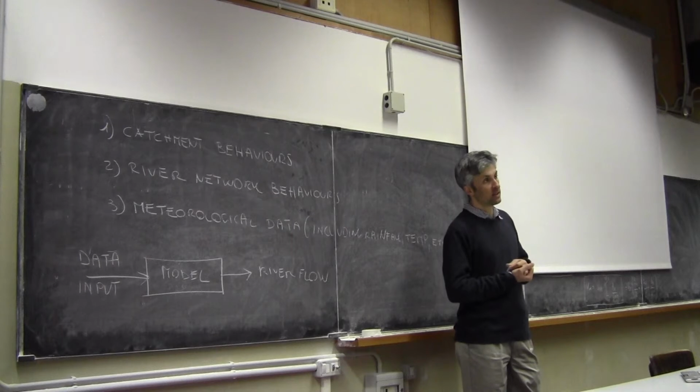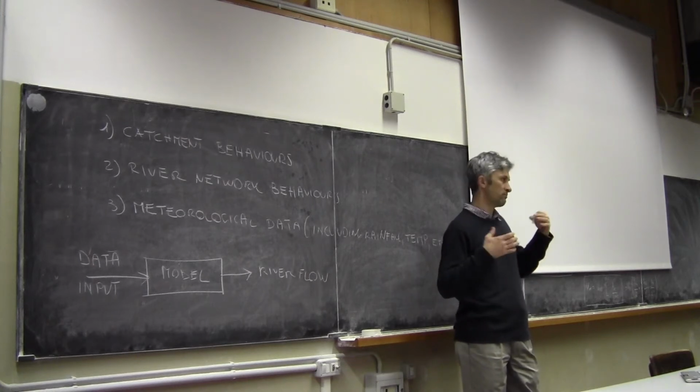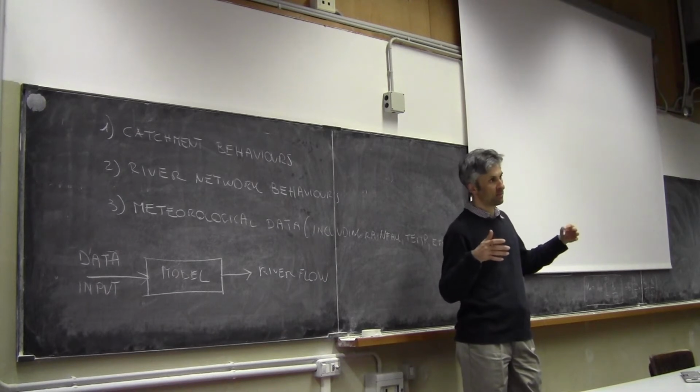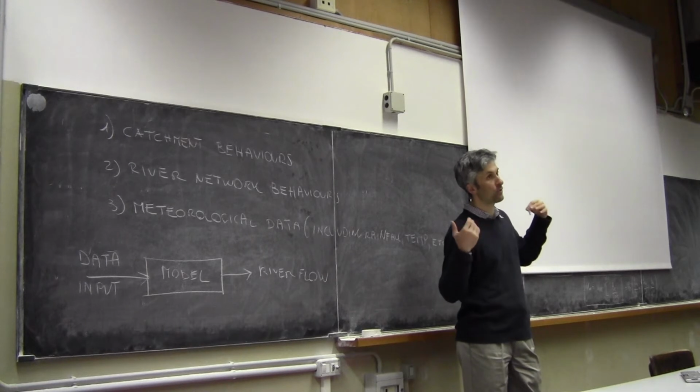And the first need that humans had was the estimation of peak flows, maximum flows. Because at that time they didn't have many needs about water resources management, but they had the main need to protect themselves against floods.